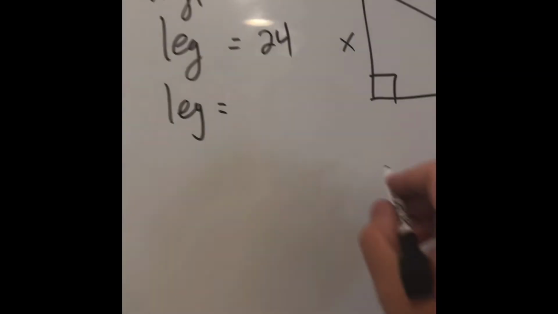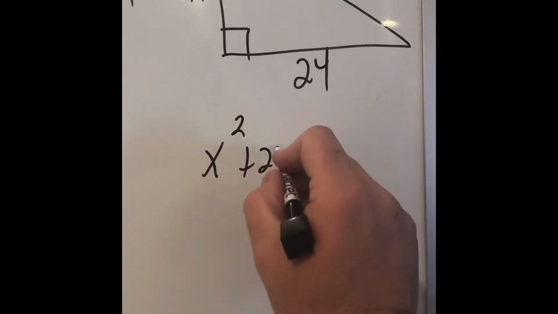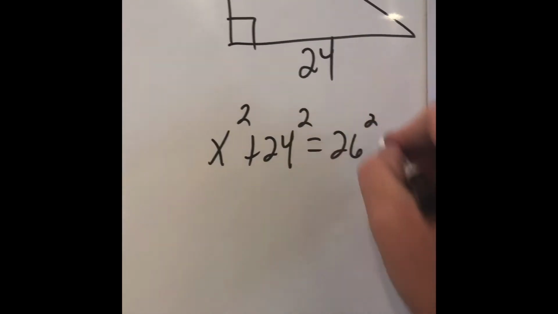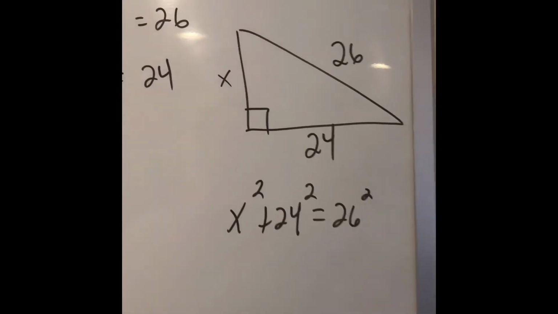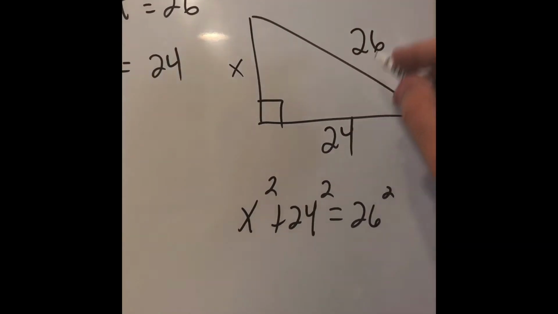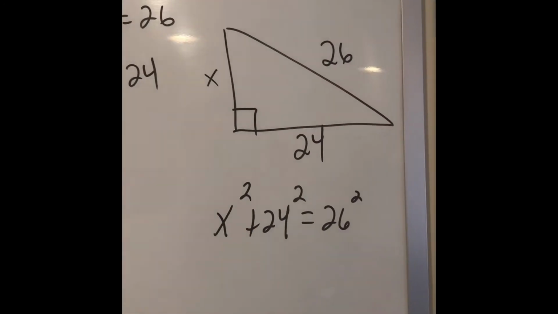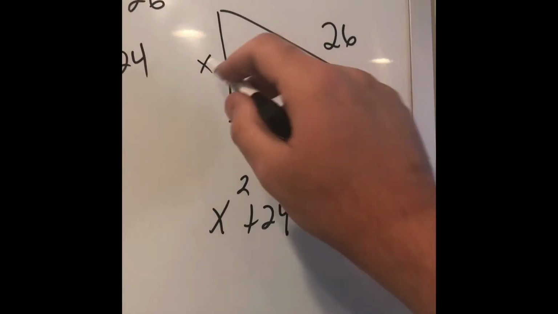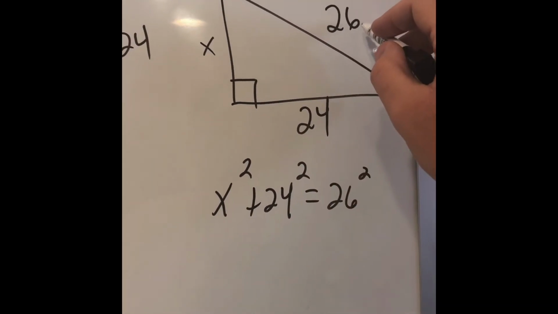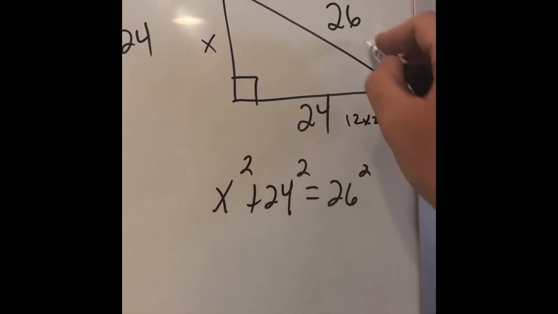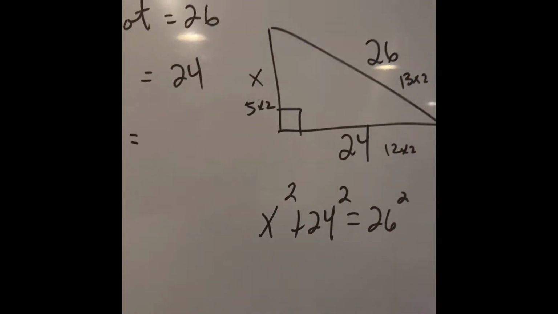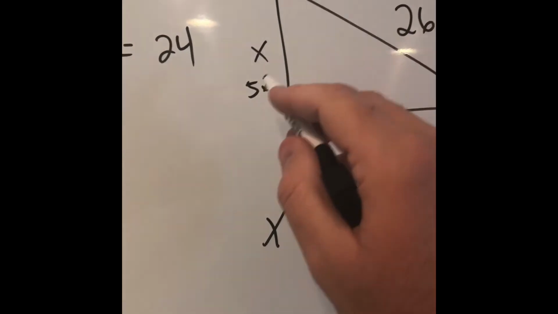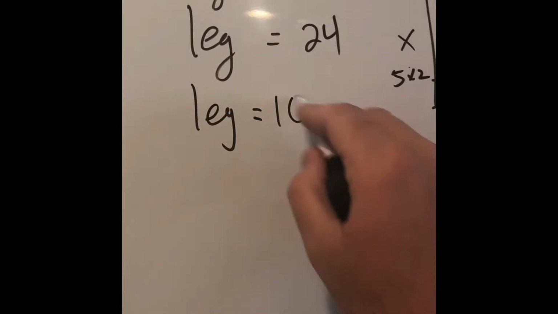We can do the Pythagorean theorem, x squared plus 24 squared equals 26 squared. Or if you remember your Pythagorean triples, what I noticed is this is the 5, 12, 13 triple family. So I'm multiplying 5, 12, and 13 by 2. So this is 12 times 2, 13 times 2, so this must be 5 times 2. So if I take 5 times 2, that gives me my leg, which is 10.